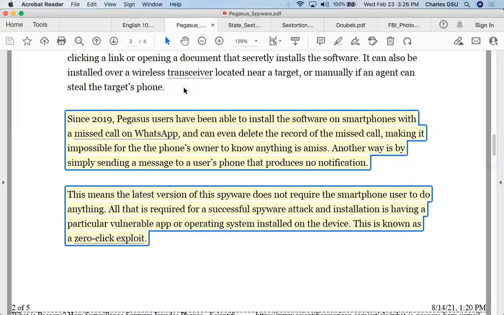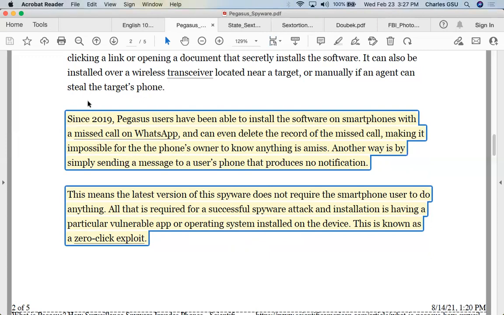So just, again, the video explains all this, but very quickly, in Israel, there's a company called NSO Group. It produces this spying surveillance software, and it sells it to very specific targeted international governments, including, apparently, I recently learned, the United States.